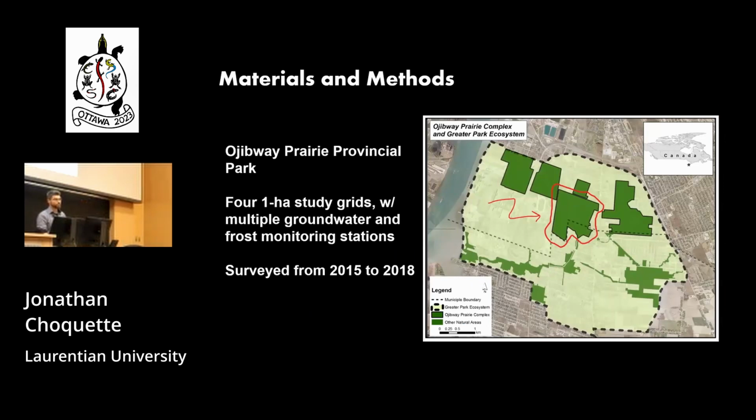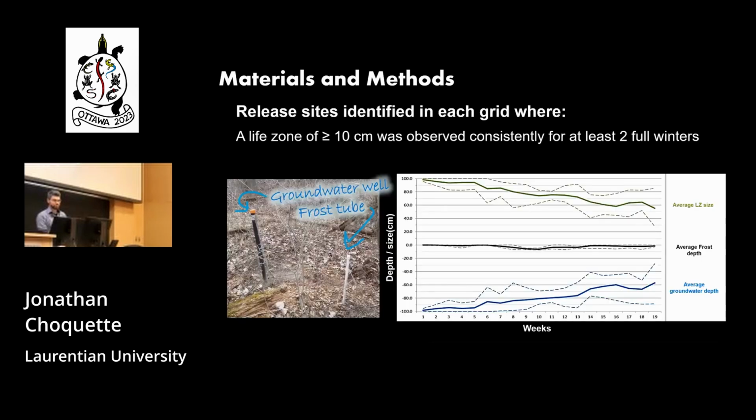So we established four 1-hectare study grids at Ojibwe Prairie Provincial Park. We installed multiple groundwater and frost monitoring stations, and we sampled those stations weekly during the hibernation seasons of 2015 to 2018. Release sites were then identified in each grid, where a life zone of 10 centimeters or greater was observed consistently for at least 2 years, for at least 2 winters.